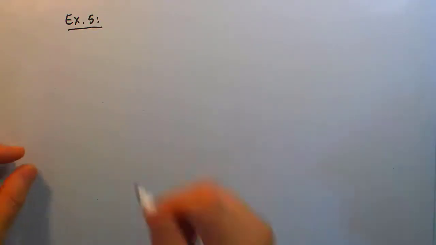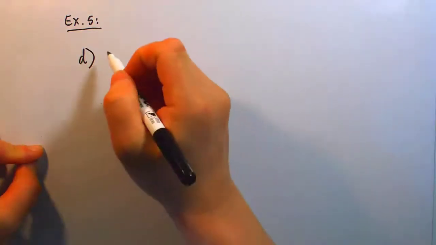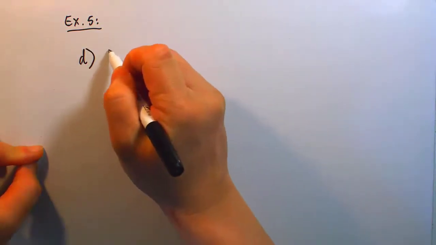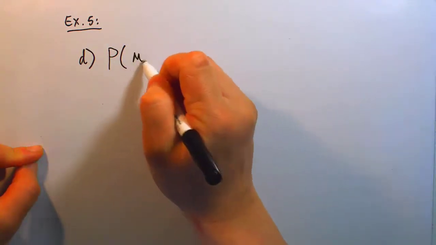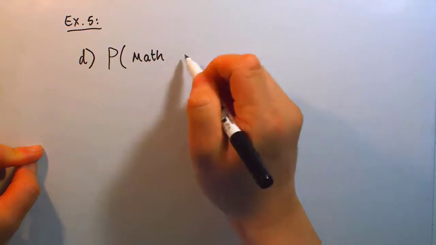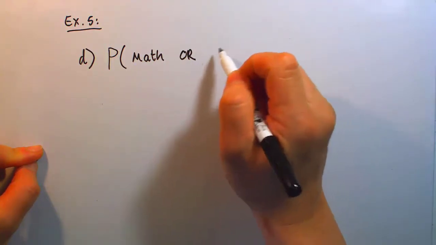And now when it comes to another question, question D here of example 5, let's find the probability of being in the math major or being in the junior class.